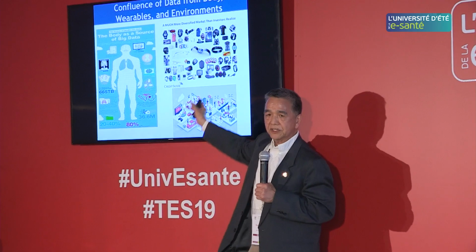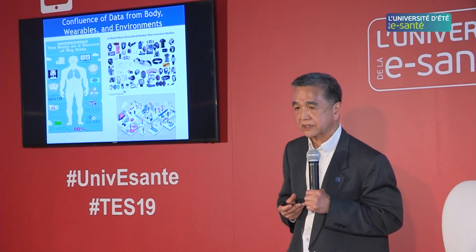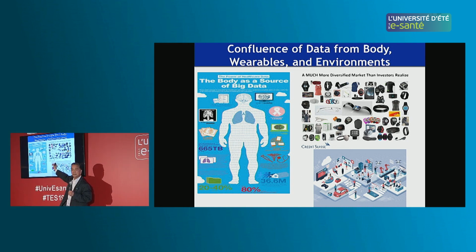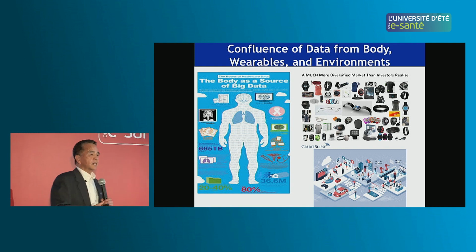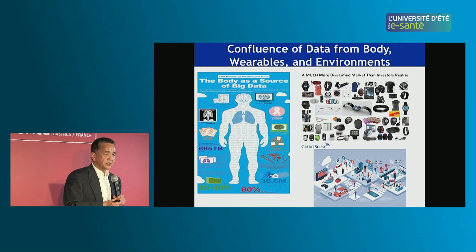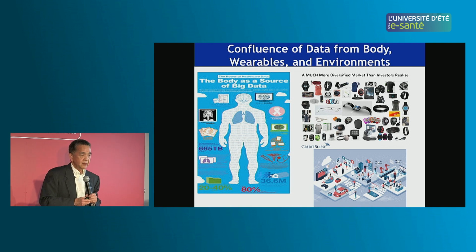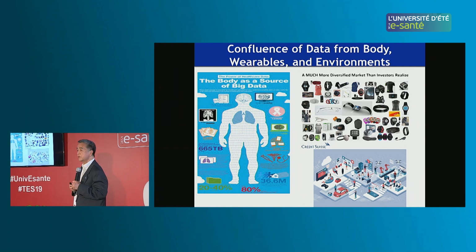In addition to that, because we are able to really leverage those consumer electronics, there is a different set of data, which is a non-invasive way of collecting the data to complement the data produced by the expert physicians. In addition, because of our ability to use those sensors and microprocessors, we are able to collect the data from the living environments about the food, about the air quality, about the water, everything we do.